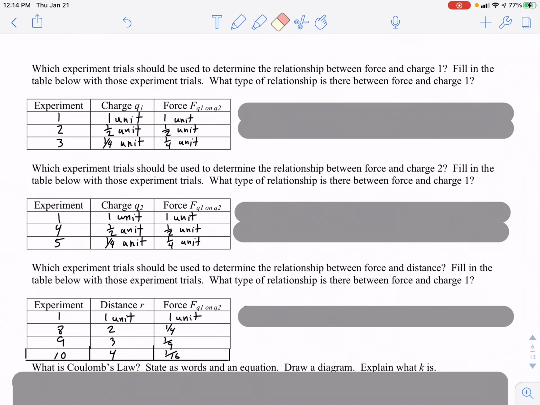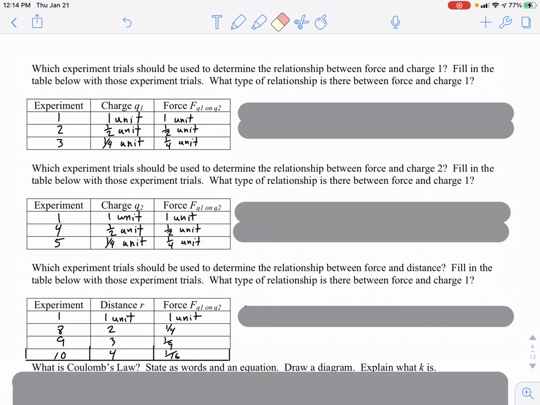Which experiment trials should be used to determine the relationship between force and charge 1? Fill in the table below with these experimental trials. What type of relationship is there between force and charge 1? Well, the experiments that specifically focus on charge 1 would be the baseline experiment 1, but also 2 and 3.